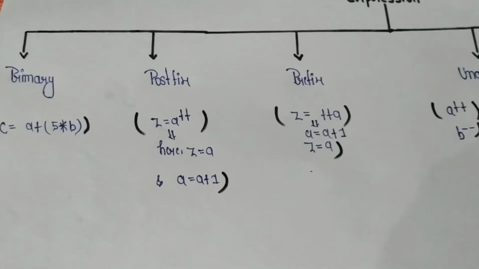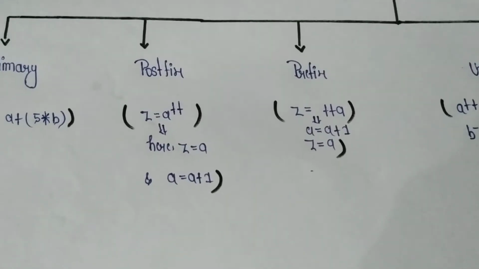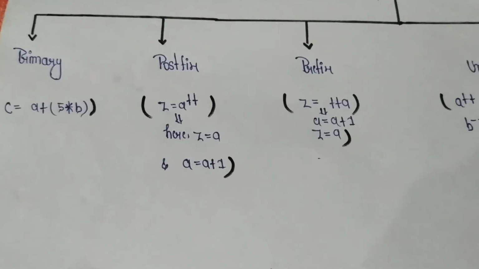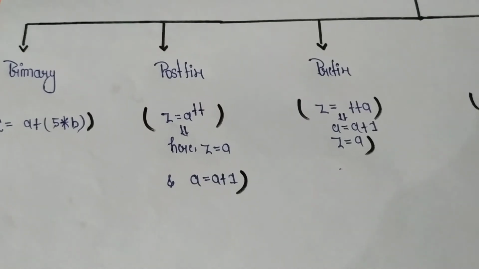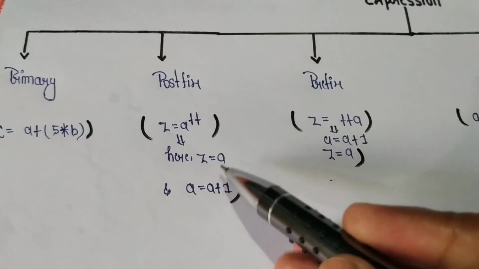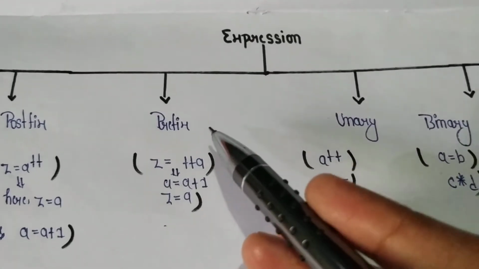Clear? What does it mean? Means Z and A are both operands. Clear? And when we use the increment operator like A plus plus, we are increasing the operand value by 1. Clear? Now coming to the prefix expressions.